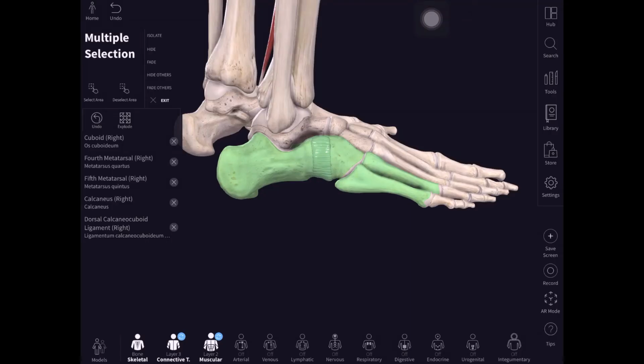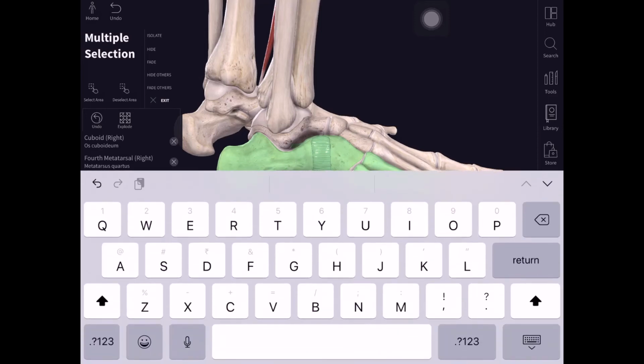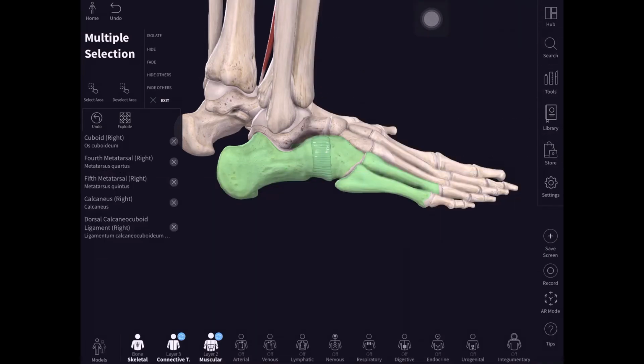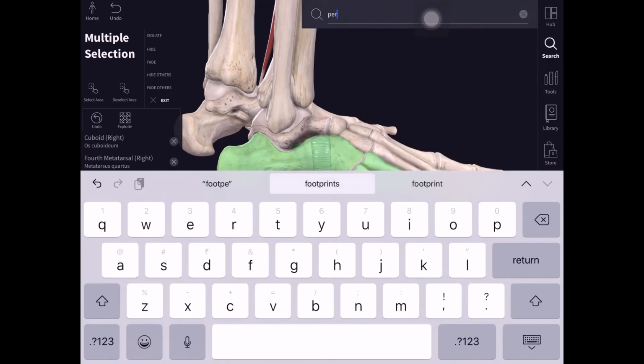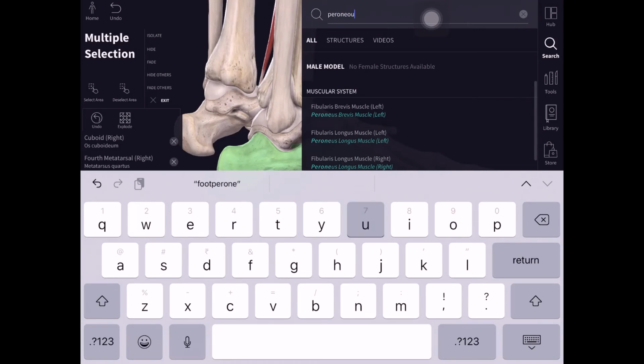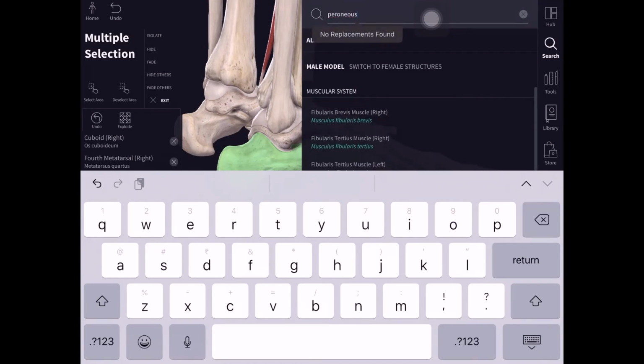Now let us see this in the app. Peroneus. Remember, peroneus is also called fibularis.